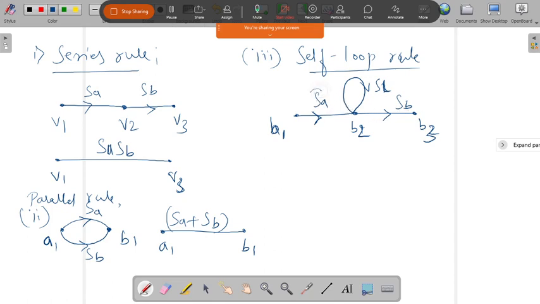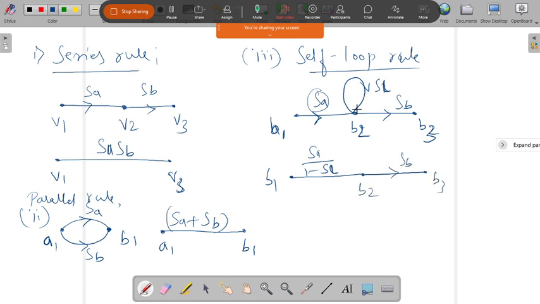We just divide that branch by 1 minus SL. The loop's multiplying factor is SL, so that branch B1 becomes SA by 1 minus SL. Like that we can write.